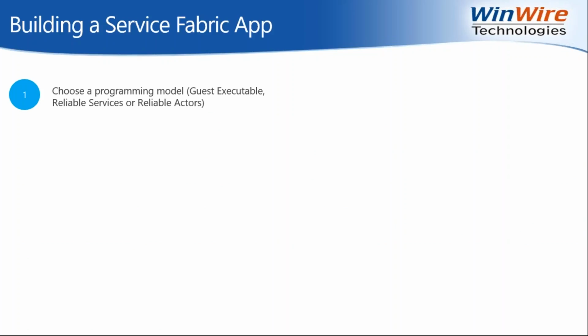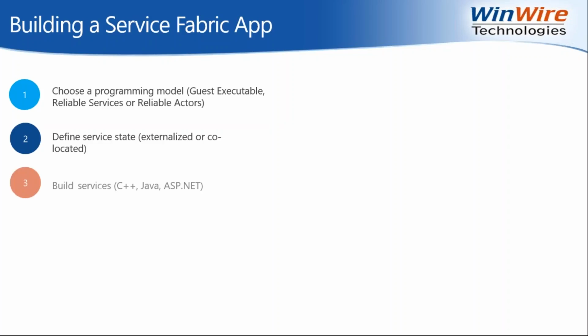So let's quickly go through what you need to do when you have to build a Service Fabric app. First and foremost, you need to select a programming model. Then you need to decide whether your services will be stateful or stateless, depending on requirements. If it is stateless, you need to decide where your state will be stored externally.